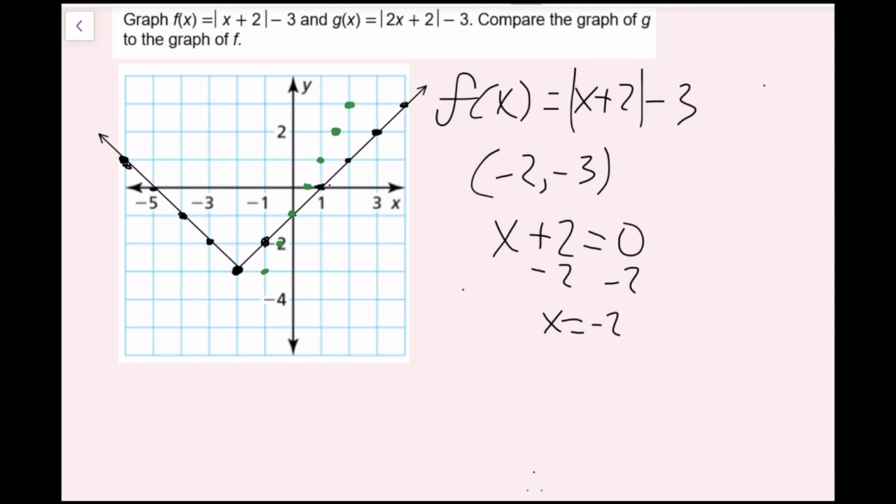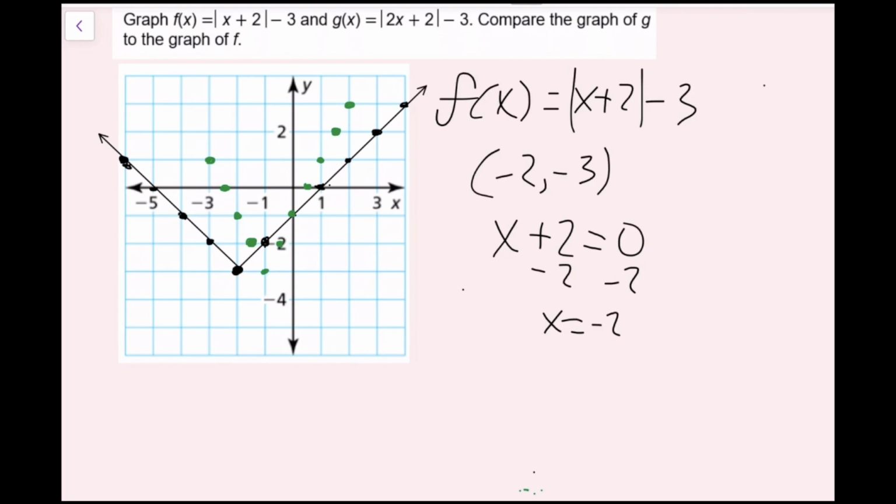And I'll do it on the other side as well. So if you notice, all these green points are halfway towards the y-axis than the black ones.